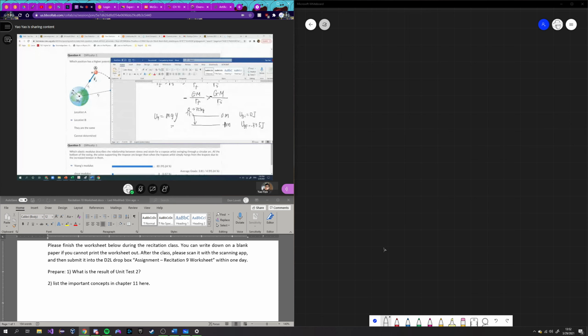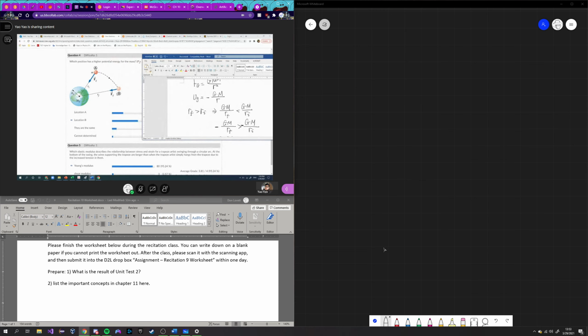So this example can be an analogy for you to understand what's happening to gravitational potential energy in a universal gravity force. So here it looks like location B is higher than location A. You can also try to understand this question in this way. It's higher, and that's why potential energy at location B will get higher. Okay. Any more questions?